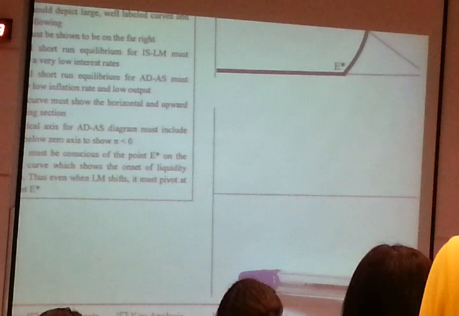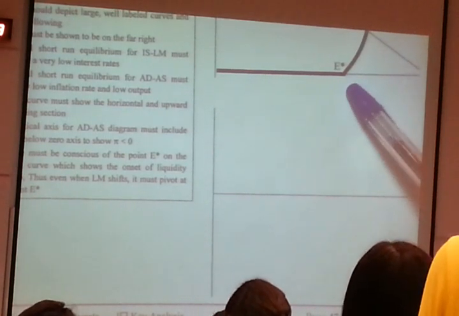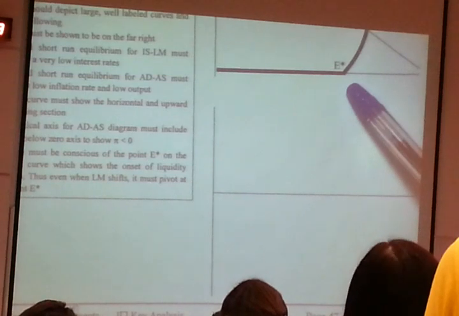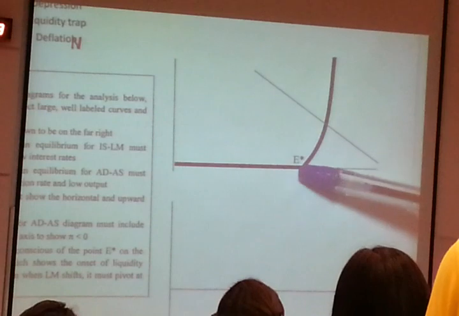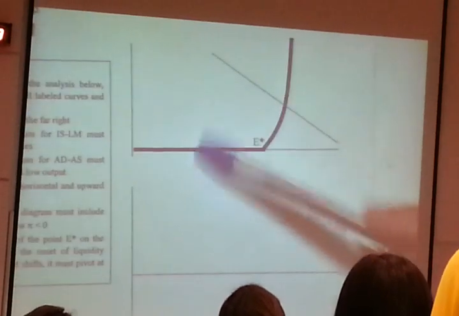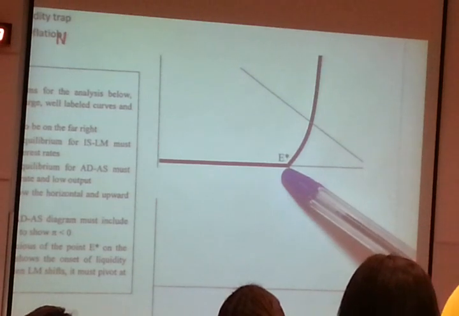And finally, in your diagram, you take note where is the liquidity trap, and mark out the E star. You must remember, the meaning of liquidity trap means the LM cannot go below it. So every time you shift the LM, you will pivot at E star. So with that, we're ready to draw.